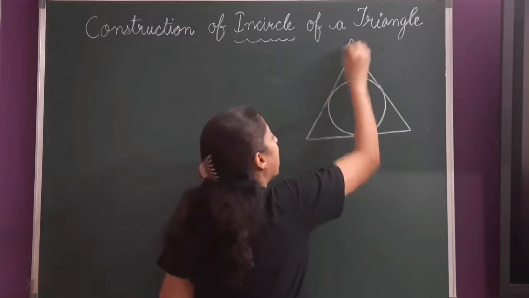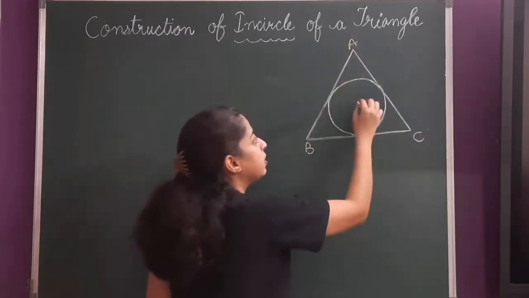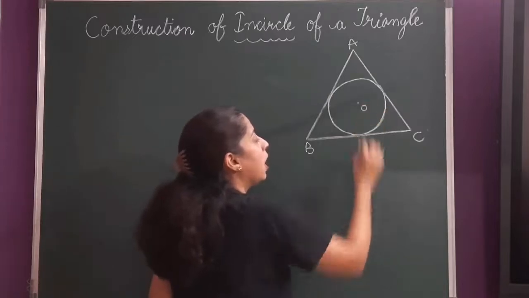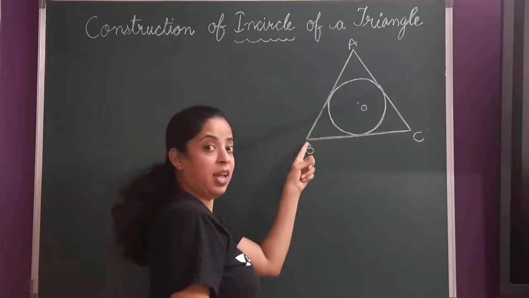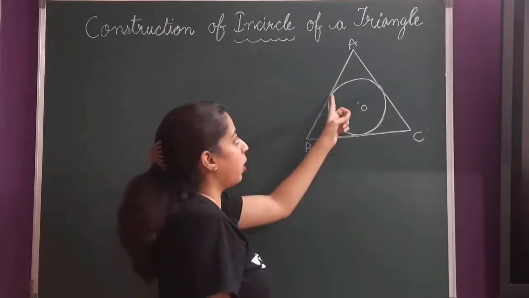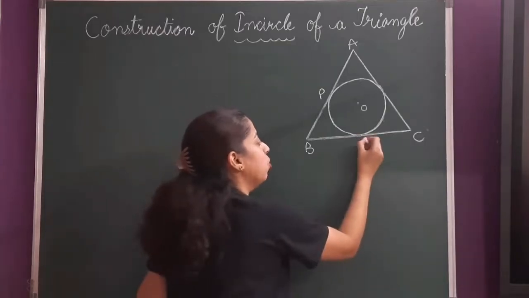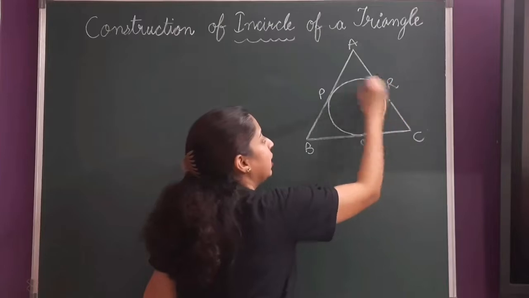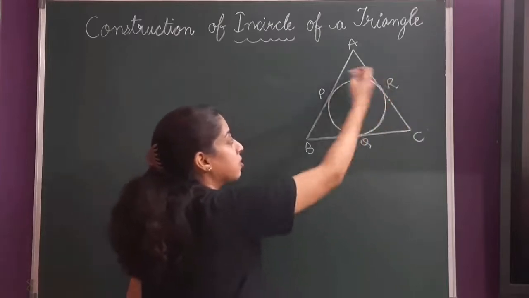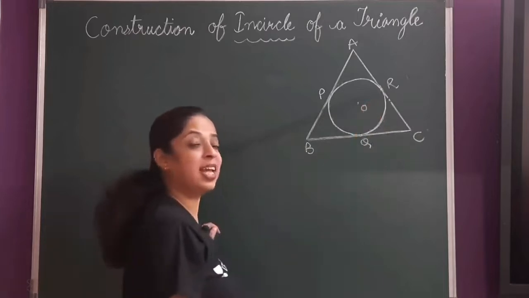So suppose there is a triangle ABC, and there is this circle with center O. Now can you see this circle is touching line AB, that is side AB at this point, say P, BC at point Q and AC at point R.